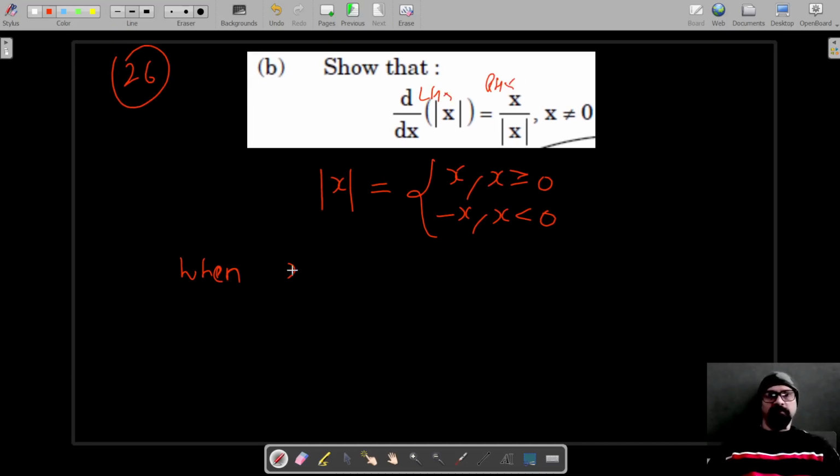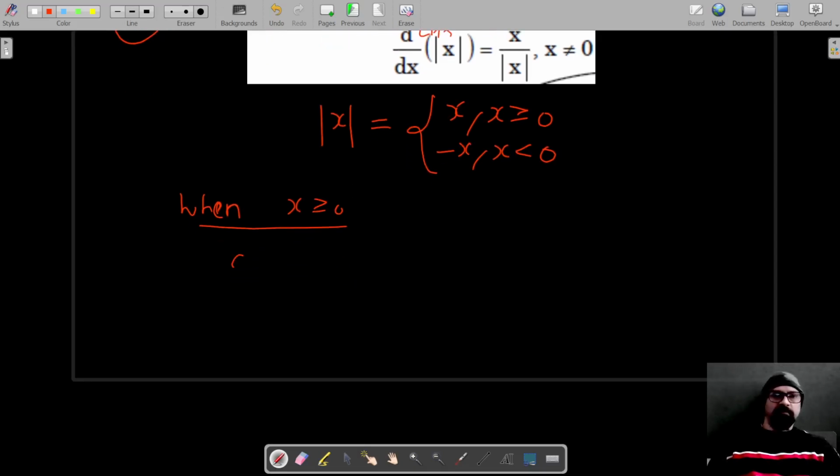So let's consider the first case when x is greater than or equal to 0 and the value is x. So differentiation of modulus of x. Now when x is greater than 0, x is positive, so this is differentiation of x, which is equal to 1. This is LHS. And let's find out RHS.